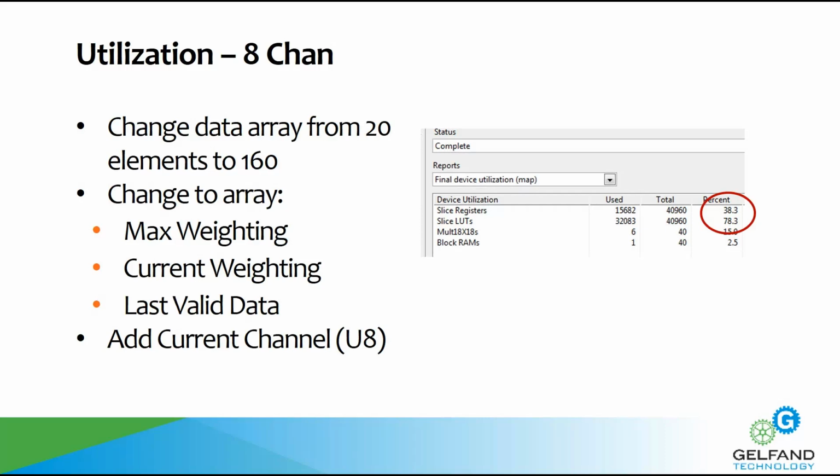And now all of a sudden, after I change a couple of those to arrays so I can track each channel individually, so I have 8 accumulators instead of 1, stuff like that, as well as adding a current channel, because just changing that, it's really that 20 element array to a 160 element array, took my utilization up to almost 40% of my slice registers and 80% of my lookup tables. That's not very scalable, especially when I have a lot more than 8 channels in the system.